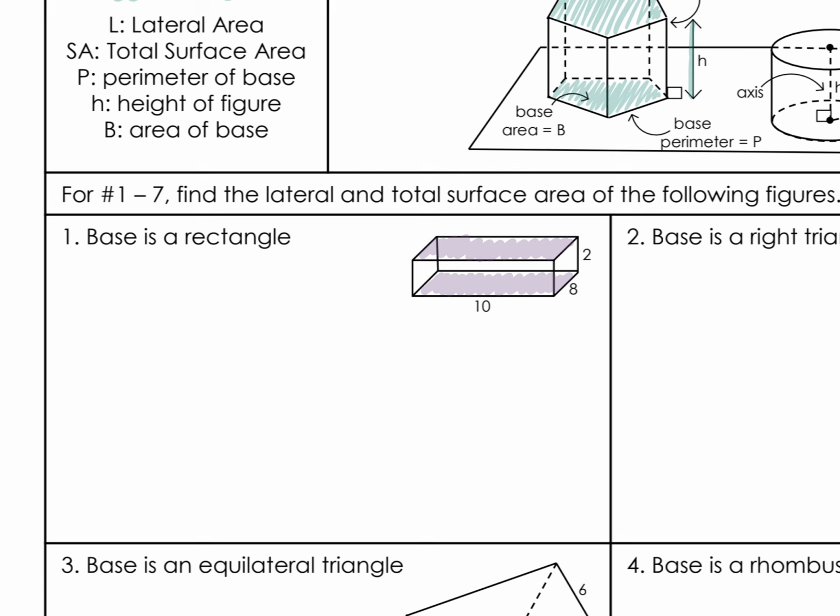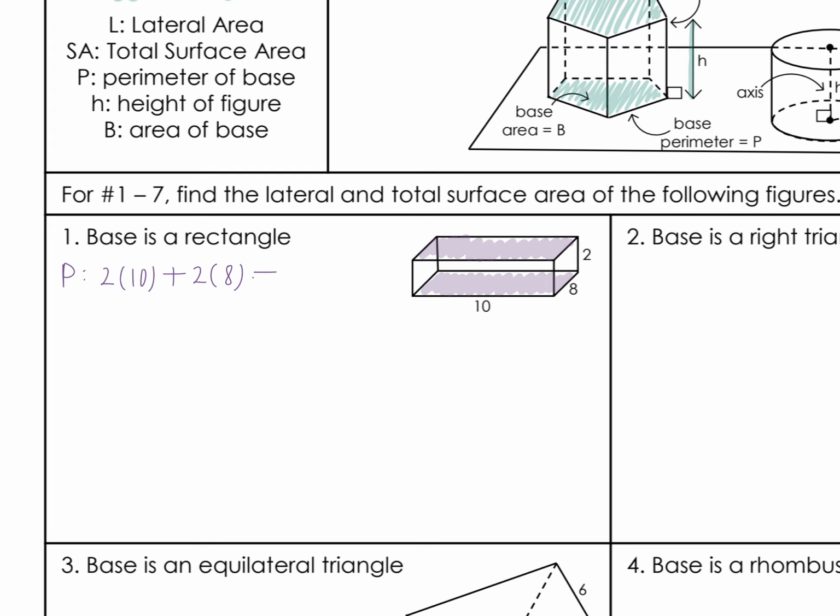And now let's begin. Starting off, we've got our P, perimeter of our base. Since it is a rectangle, I am just going to do 2 times 10 plus 2 times 8. Okay, 2 times length plus 2 times our width is going to give us our perimeter.